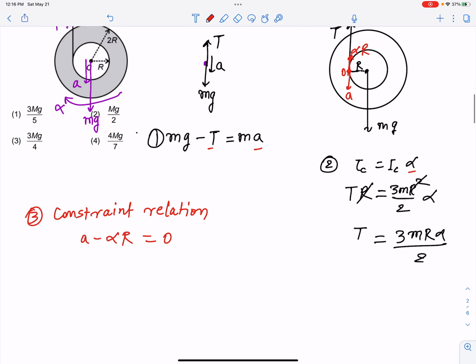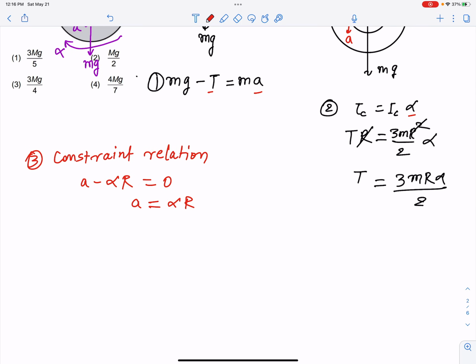We have to always check the constraint relation. We cannot directly write a equals alpha r because it can be different. Here we got a equals alpha r. So now we have 3 equations and 3 unknowns, and we can solve. We have mg minus T equals ma, and we can put r alpha as a in the second equation, so we get 3ma over 2.